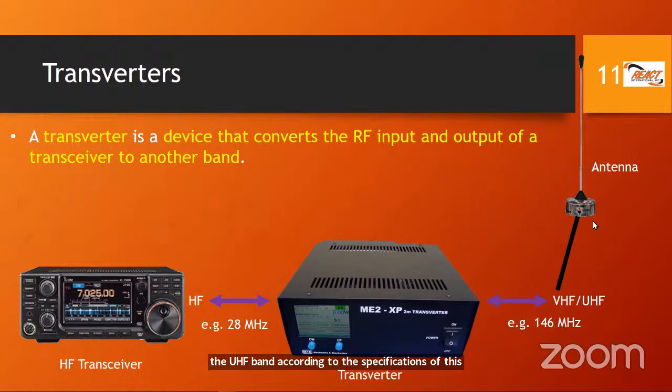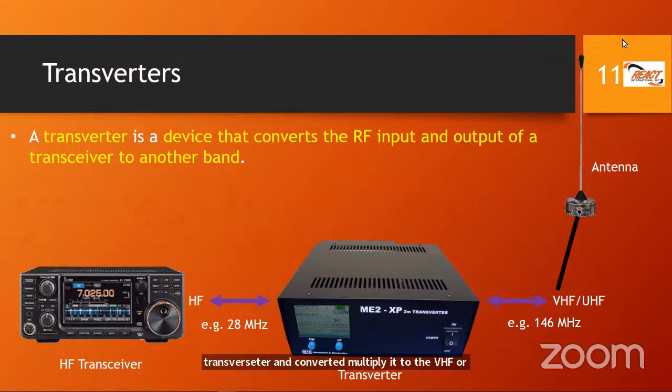So we put it in between the antenna and the radio, and while natively this radio may only do HF, we can do VHF on it by employing a transverter, and the transverter essentially converts. So it will take the HF frequency that we are transmitting on into the transverter and convert it, multiply it to the VHF or maybe even UHF frequencies and out to our antenna.